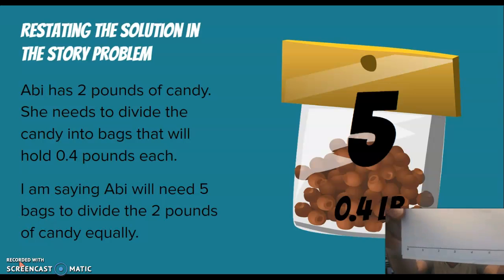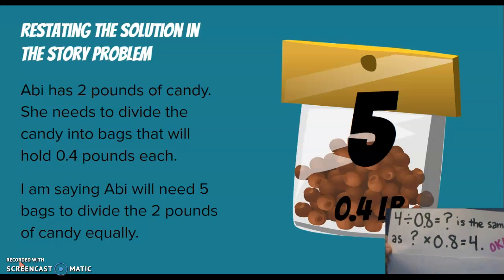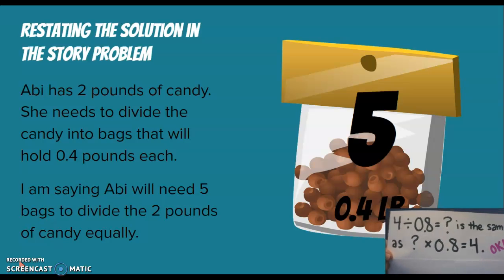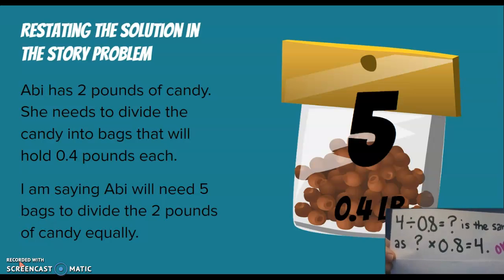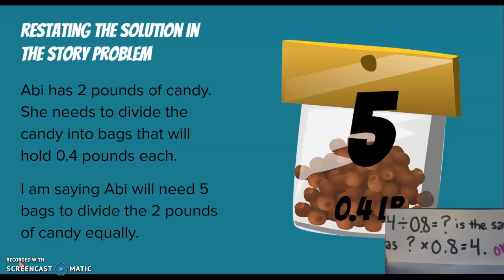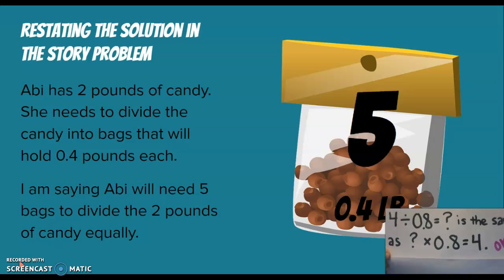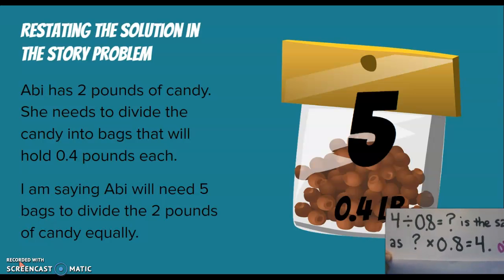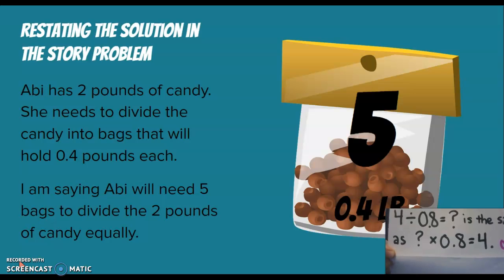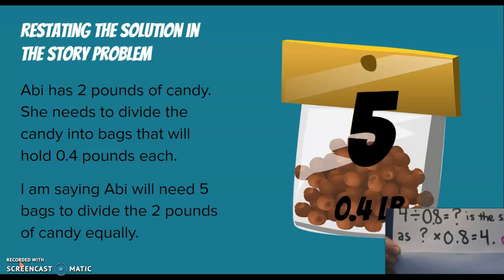Now, in this case, I was reading the story and I found that it said that I have 4 being divided by 8/10. Now, based on the previous work, I noticed that that is really the same thing as some number times 8/10 equaling 4. So I've just got to figure out how many 8/10 hops will I need to make to get to 4.